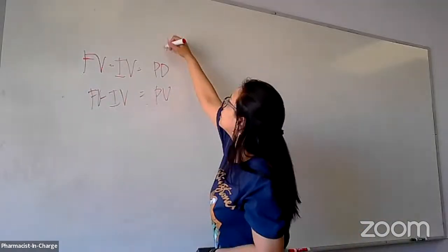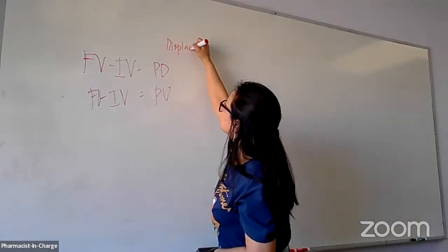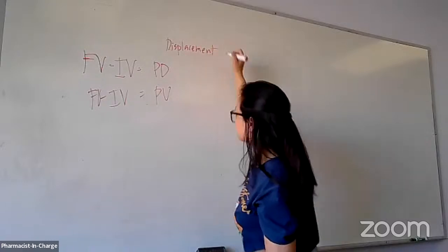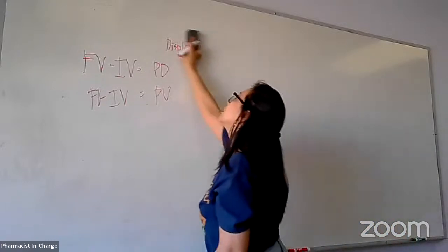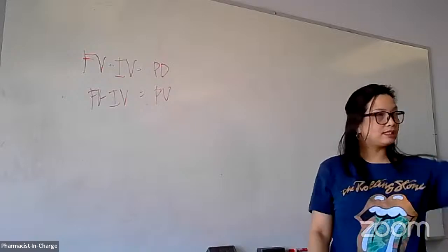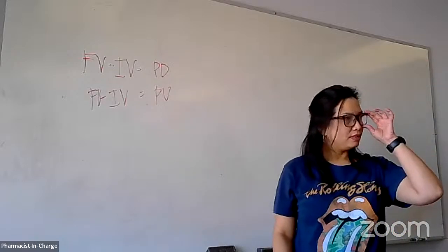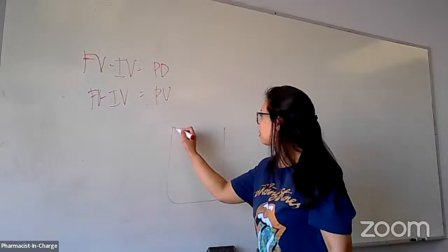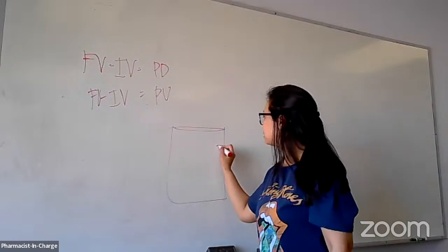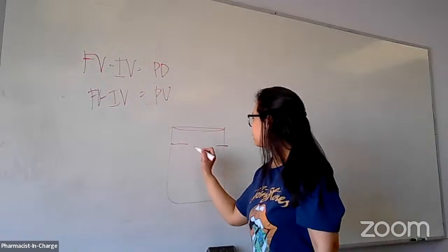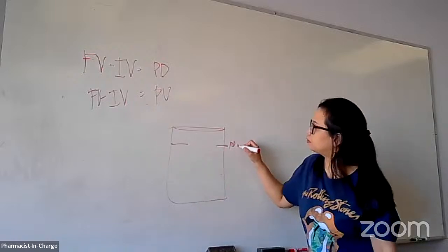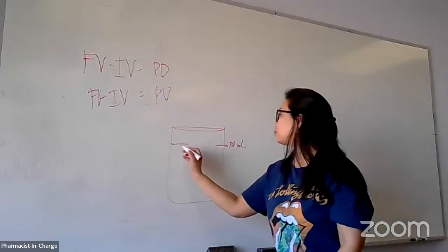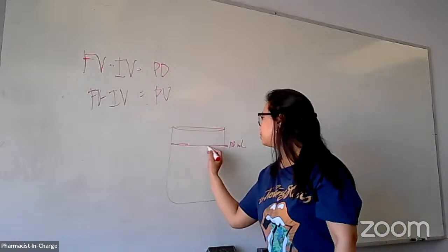Displacement is spelled as displacement. What does that mean? In a simple experiment, when we were in elementary, I remember having a beaker. This is the 100 ml mark, with water at the 100 ml mark.